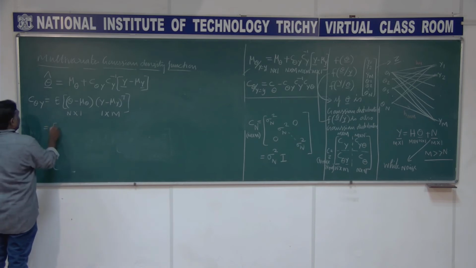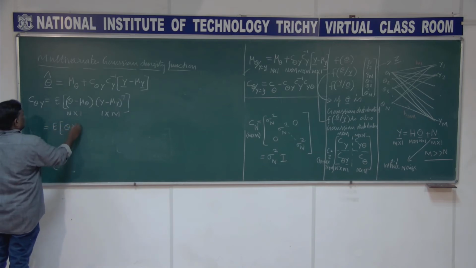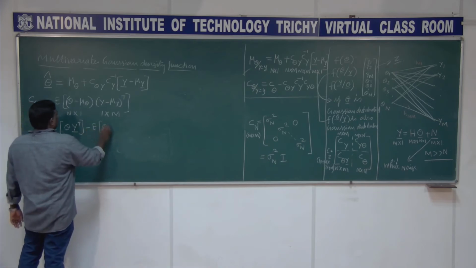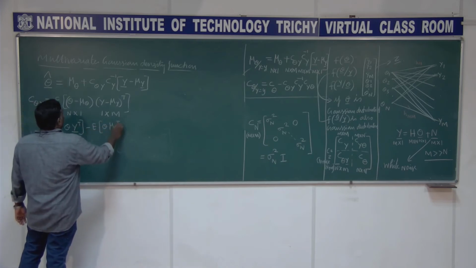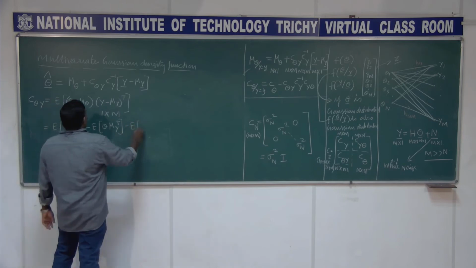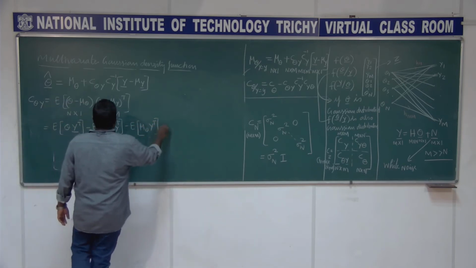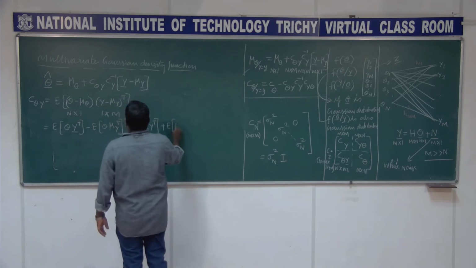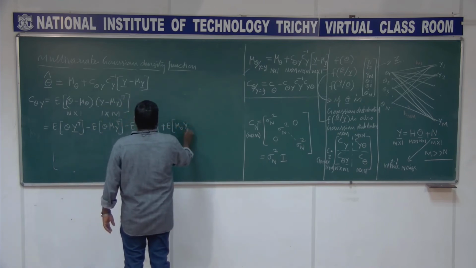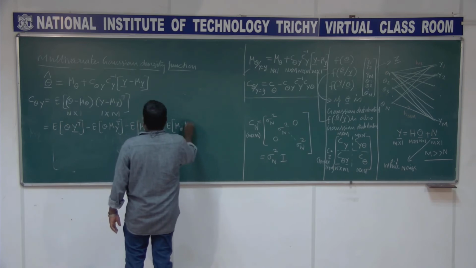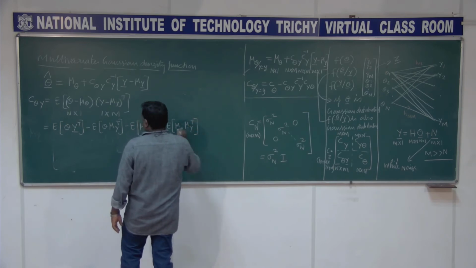So if I expand that, you get the first term, second term, third, and fourth with mu y transpose. You get 4 terms in this.